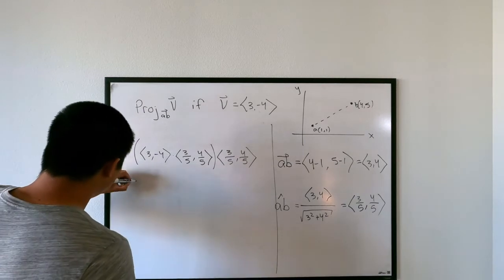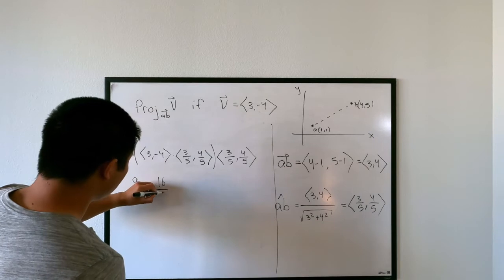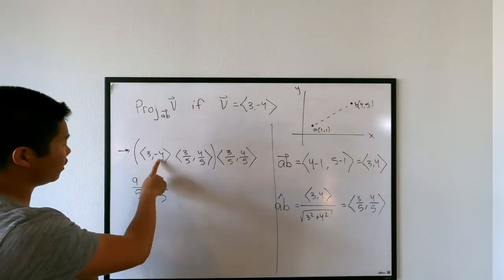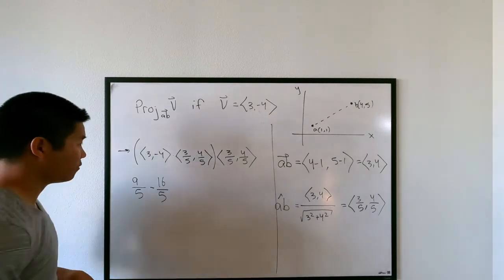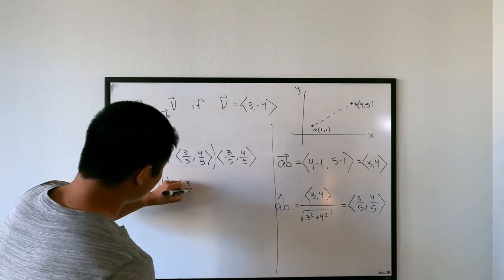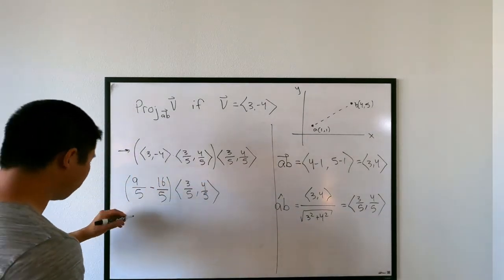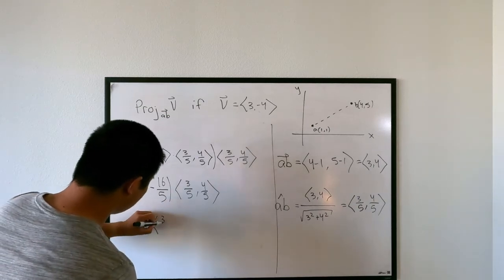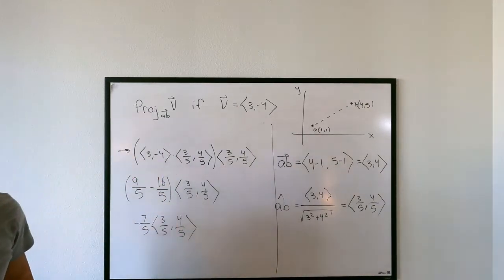So you end up getting 9/5 minus 16/5, of course, doing 3 times 3/5, which is 9/5, and then negative 4 times positive 4/5, which is negative 16/5, okay? Which gets multiplied by (3/5, 4/5), and then this turns out to be negative 7/5 times (3/5, 4/5), okay?